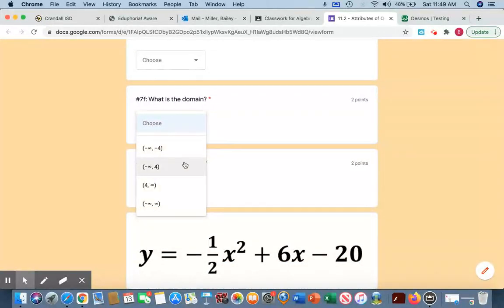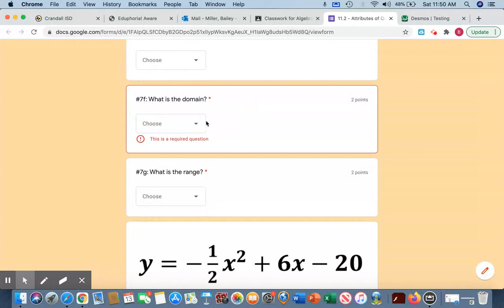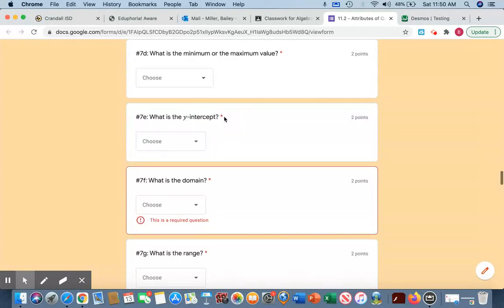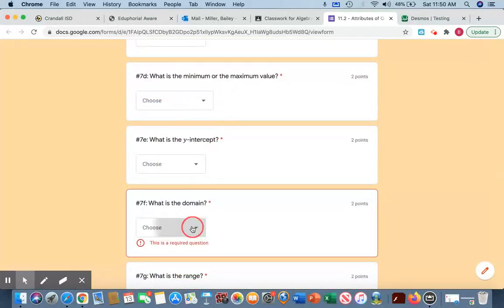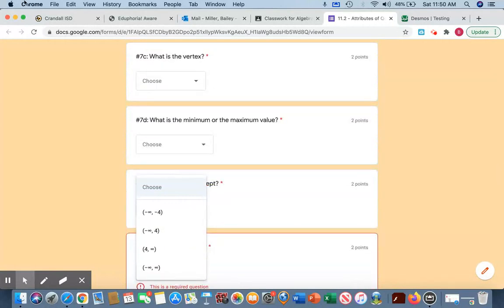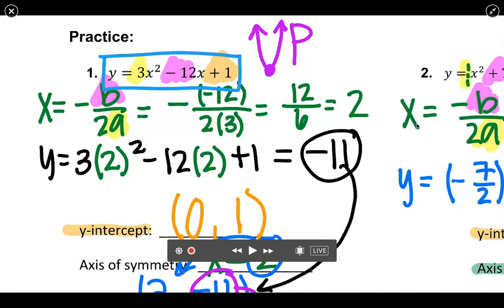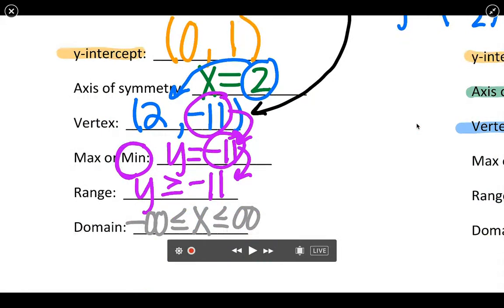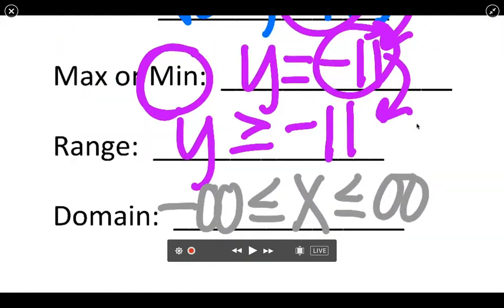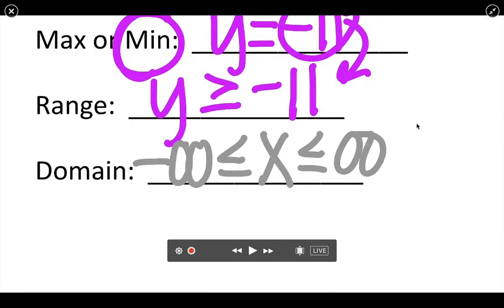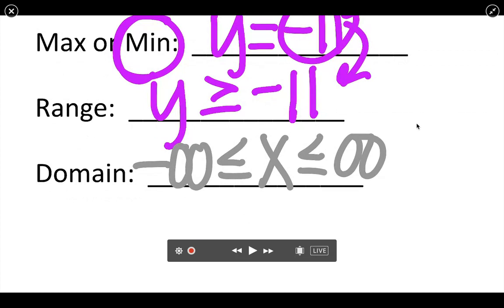For domain and range, it's listed a little bit differently than what we're used to. So in this case, let's use this one for example. Domain is always all real numbers, so they're going to list it like this, negative infinity to positive infinity.